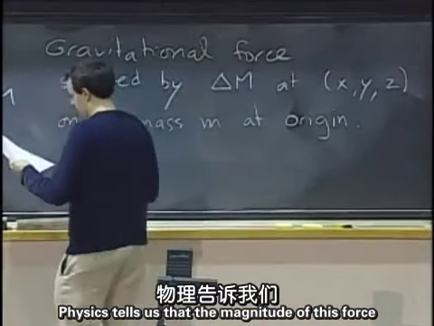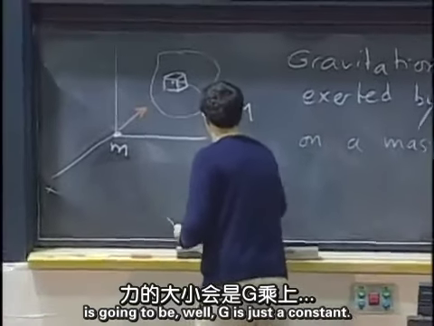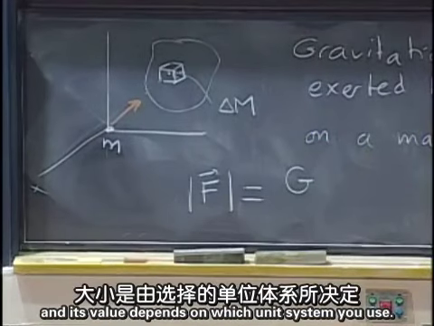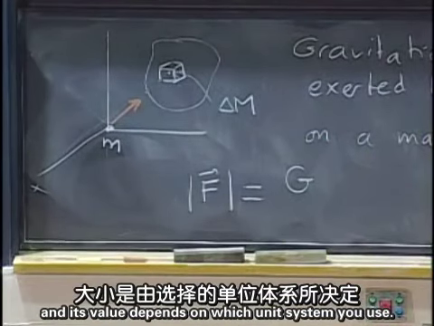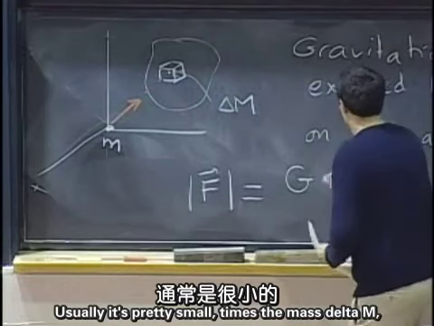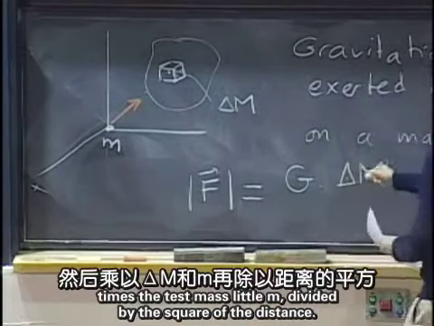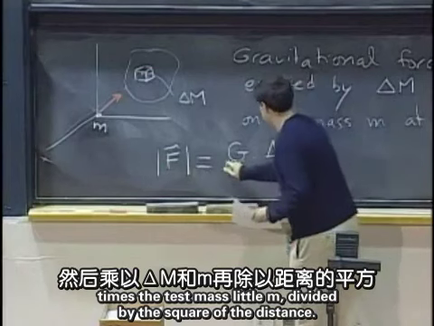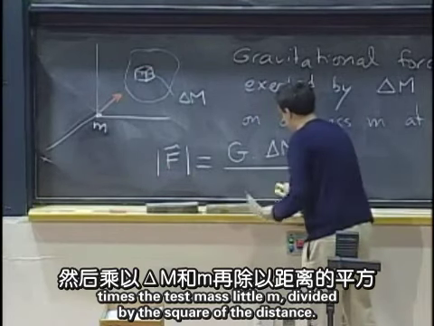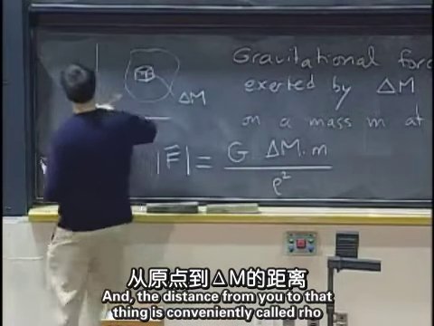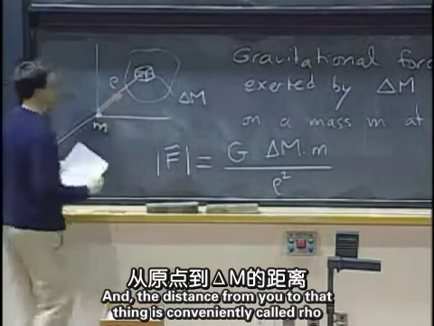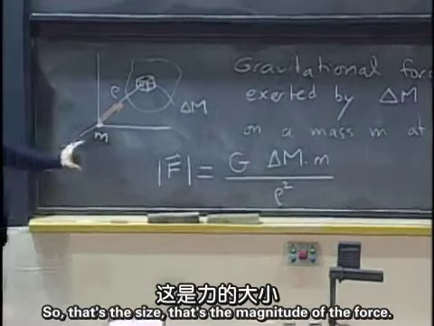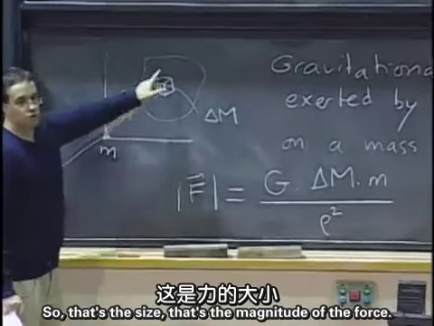Physics tells us that the magnitude of this force is going to be, well, g is just a constant, okay? It's the gravitational constant, and its value depends on which unit system you use. Usually it's pretty small, times the mass delta m times the test mass little m divided by the square of the distance. And the distance from you to that thing is conveniently called rho, since we've been introducing spherical coordinates. So that's the magnitude of the force.